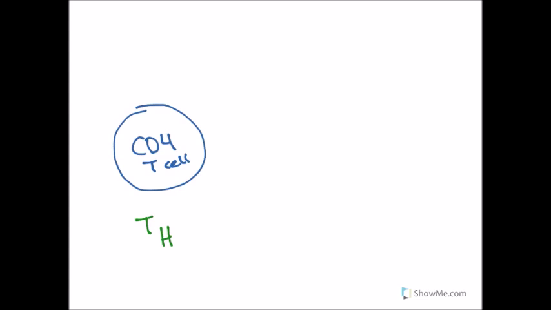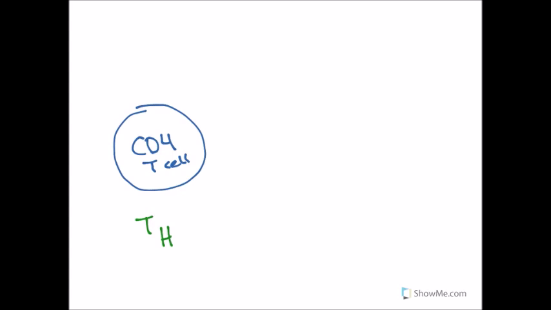So let's take my CD4 cell here, right? CD4 T cell, who is a T helper cell, who has been sensitized to my antigen. He is active, right? He is now completely an active cell.